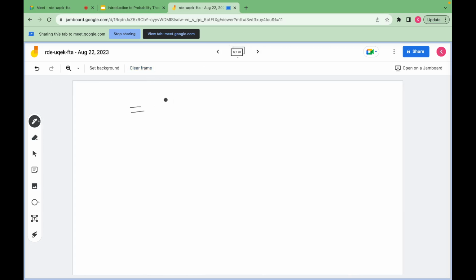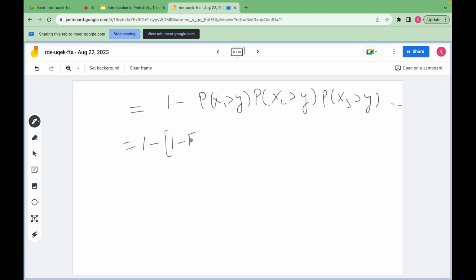That's why this becomes 1 minus the probability X1 greater than y times the probability X2 greater than y times the probability X3 greater than y, and so on. This is nothing but 1 minus F of X1 at y, 1 minus F of X2 at y, and so on.